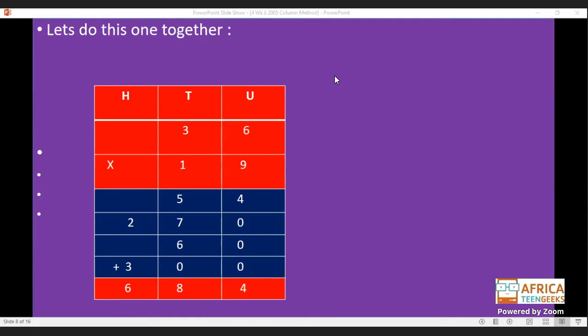We are now multiplying 36 times 19. Teacher, we first multiply 9 by 6. And what is 9 times 6? It's 54. Yes, it's 54. You are right. Then we times 9 times 30.